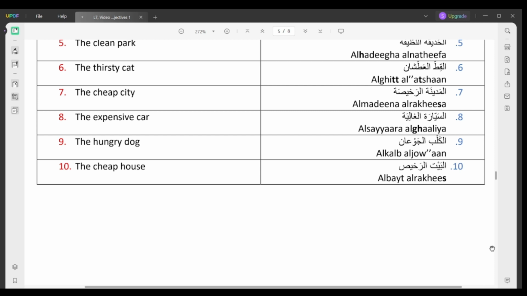Number 7, the cheap city. Number 8, the expensive car. Number 9, the hungry dog. And number 10, the cheap house.